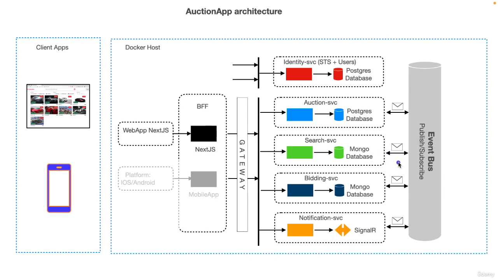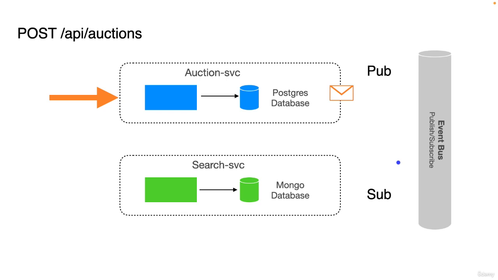And in our examples coming up in this section, let's say, for example, a POST request comes into our API auction service, and we create a new auction.